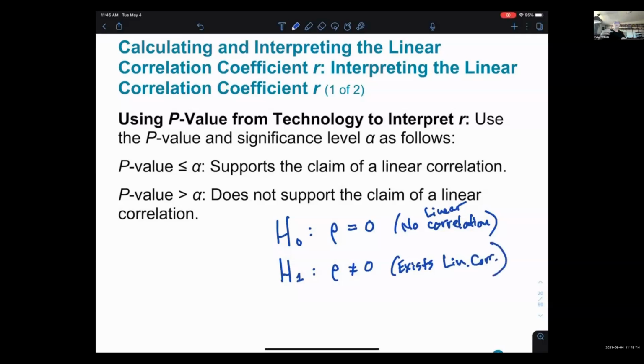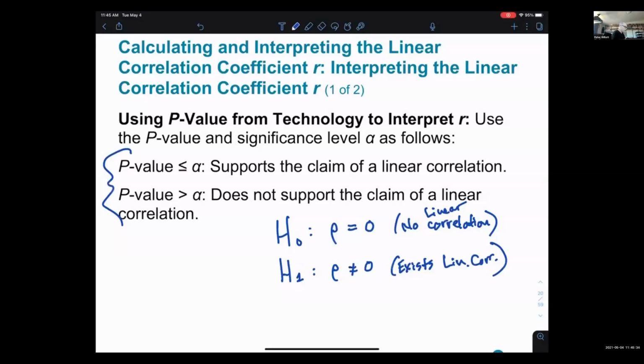And so if we see the null and alternative hypothesis this way, then this description here fits in with our normal idea of performing a hypothesis test. If the p is low, the null must go, and we support the alternative hypothesis.